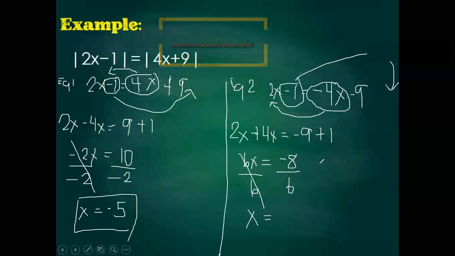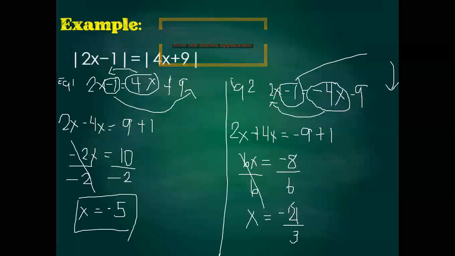So what is the lowest term? Divide. So it will be negative 2 over 3, right? So divide numerator and denominator by 2. Oh, sorry. So 4 pala.